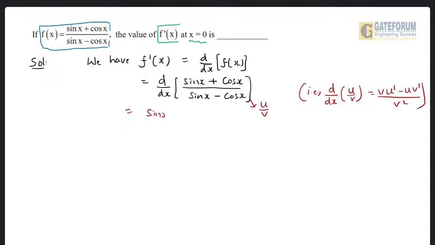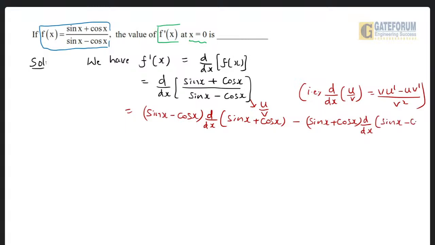So we get sin x minus cos x into d by dx of sin x plus cos x, minus sin x plus cos x into d by dx of sin x minus cos x.